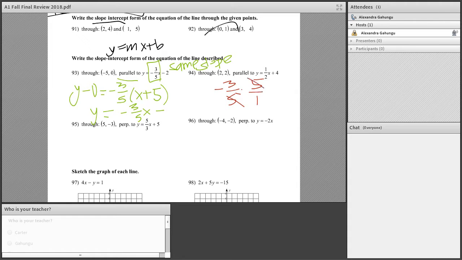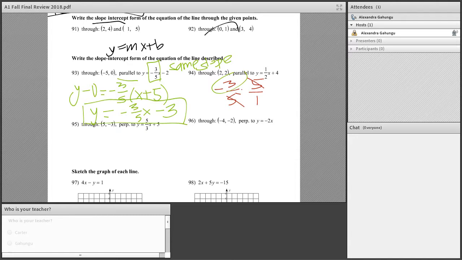The 5's will cancel because you're cross canceling, it's on the top and the bottom. And that will leave you with just this -3 here, so it's minus 3. So that's the equation of your line in slope-intercept form. That is through your point -5, 0, and it's parallel.